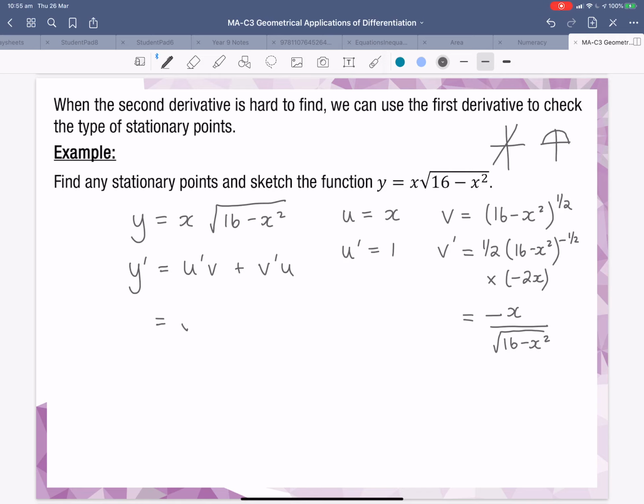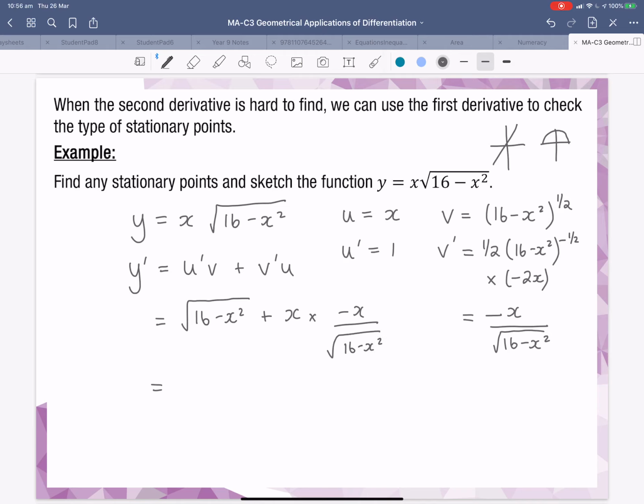So we get our root 16 minus x squared, and that's times by 1. And then we get our x, okay, our u term, multiplied by our dv term, which is minus x on root 16 minus x squared.